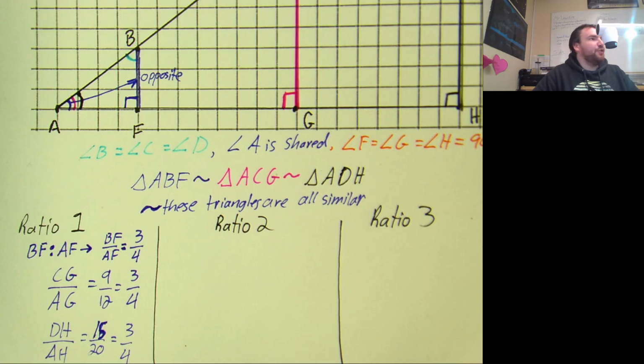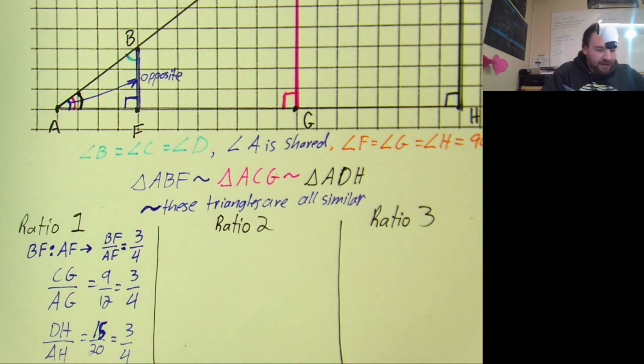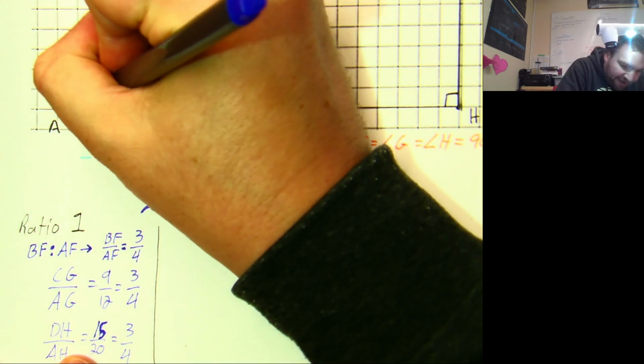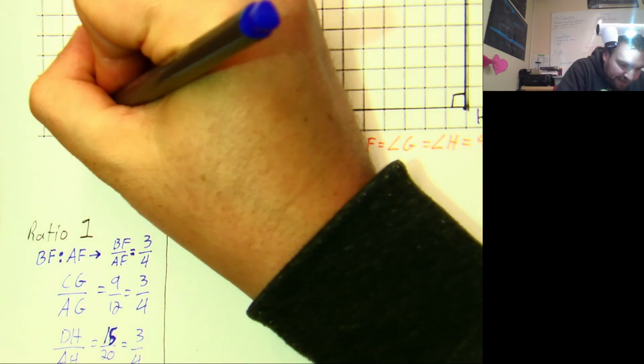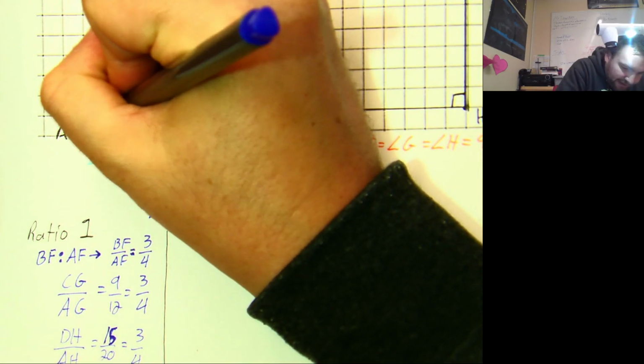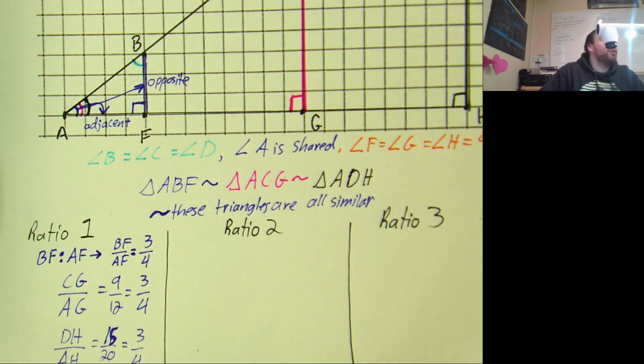Hands up if you've heard this word adjacent before. To be adjacent to something literally means you are beside something. So we're going to say that side AF is adjacent to the angle, and adjacent is spelled ADJACENT. We're not going to spell that out every time. I'm going to abbreviate it as ADJ.